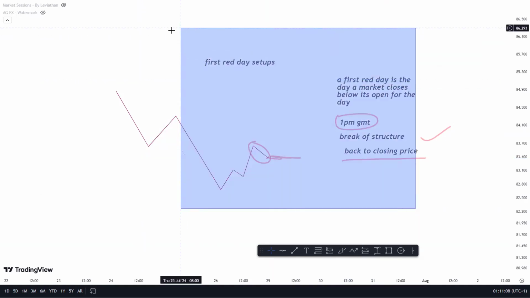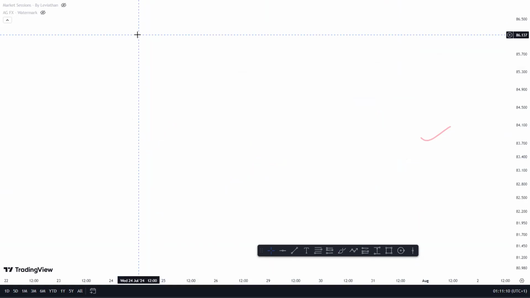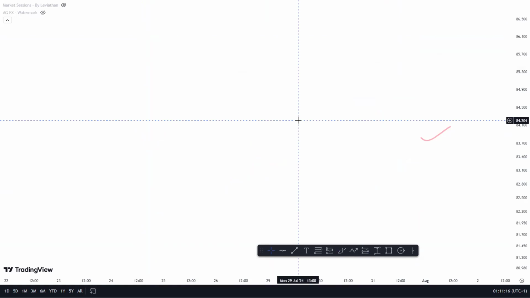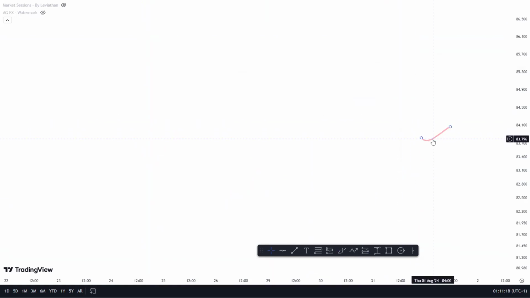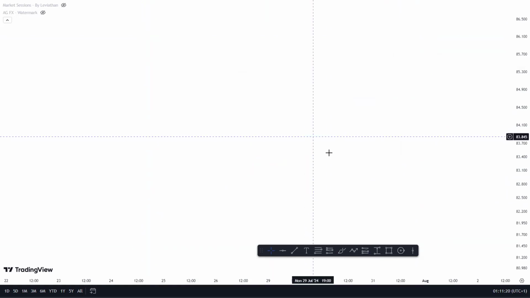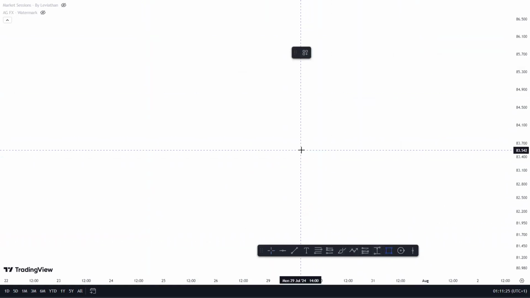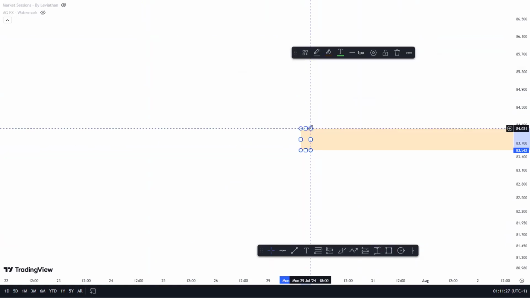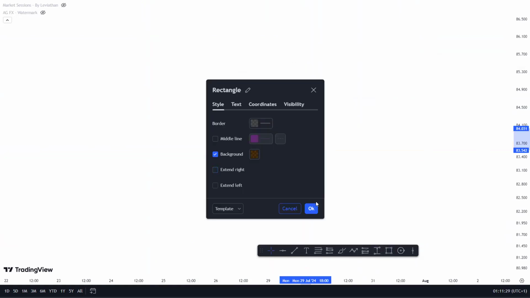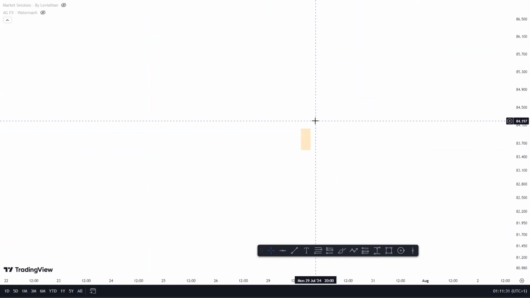Once you've gotten that, now you want to use your three-candle confirmation pattern, where you have two bullish candles.